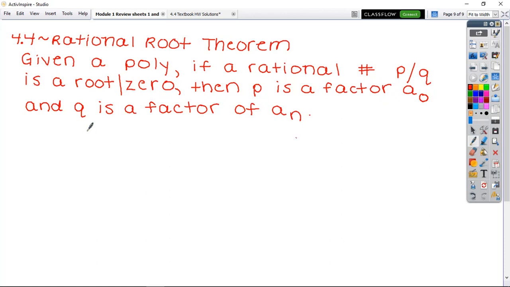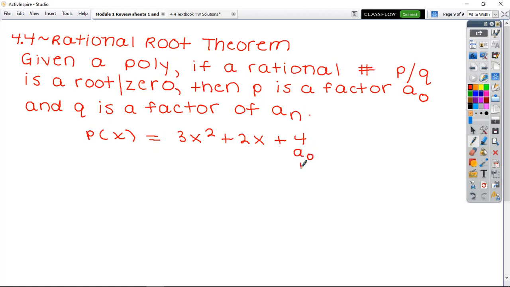So say, for instance, we have P of x for your polynomial equal to 3x squared plus 2x plus 4. All right. So the 4 represents the constant. So this is a sub 0.